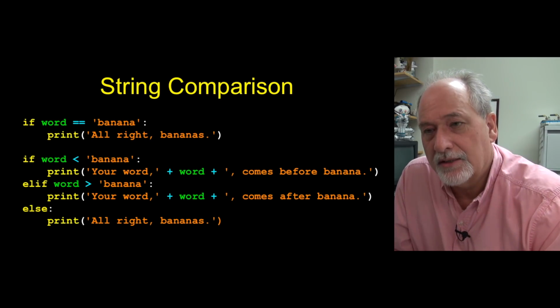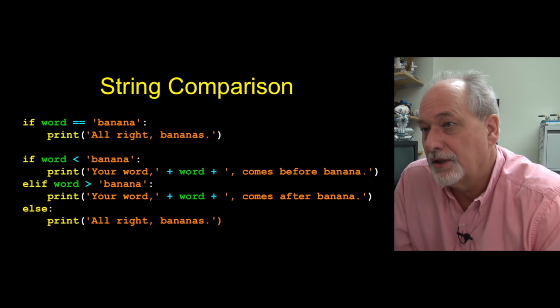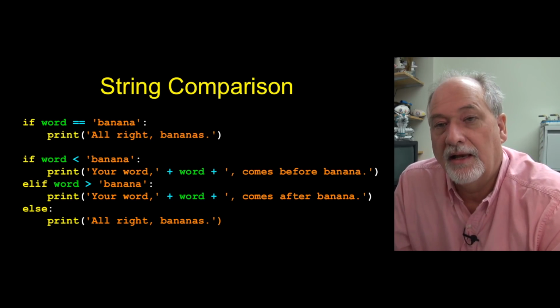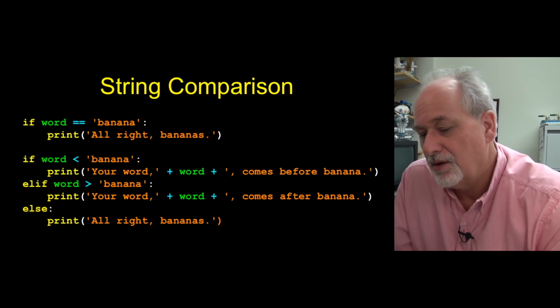You can compare strings, and this has to do with the character set of your computer, the character set that Python uses, but in general, it is lexicographically less than and lexicographically greater than. Uppercase and lowercase are a little weird.